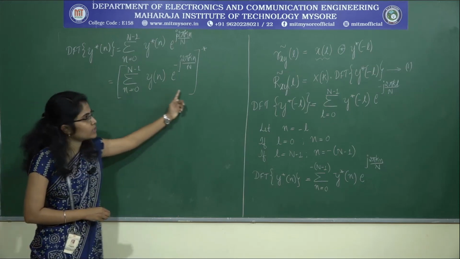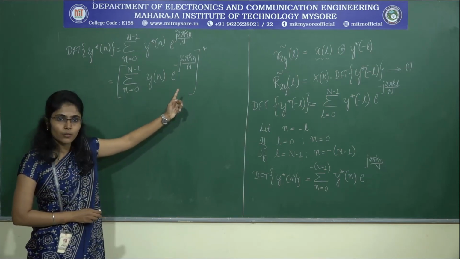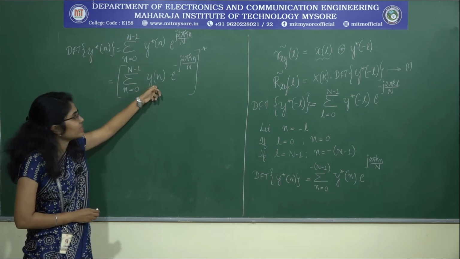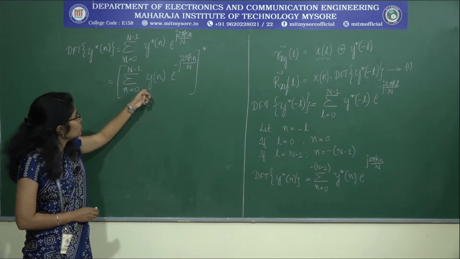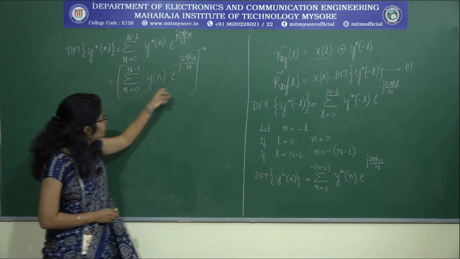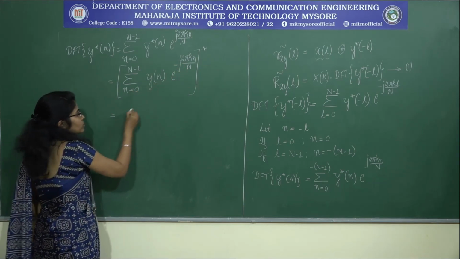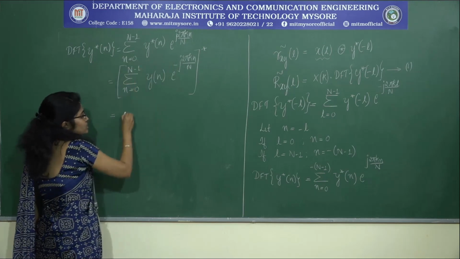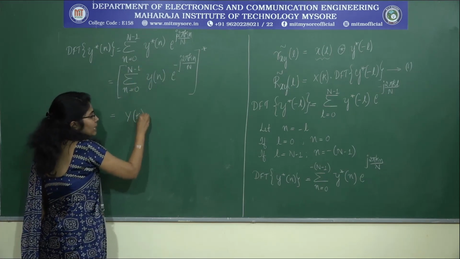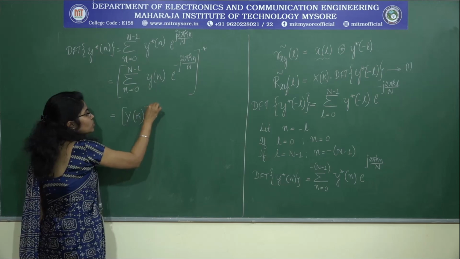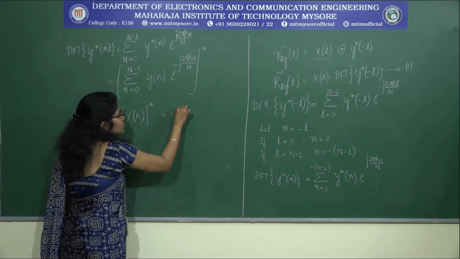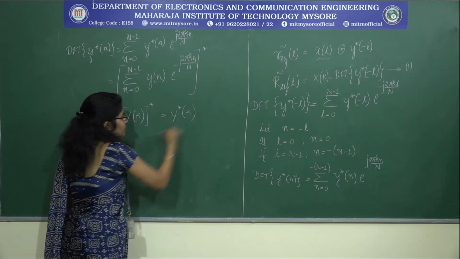Now, looking into this equation, this is similar to the DFT equation. Instead of x of n, we have sequence y of n. So, this is nothing but the DFT of sequence y of n. So, if I rewrite this, the DFT of y of n is nothing but y of k according to the statement, the whole conjugate. This can also be written as y conjugate of k.